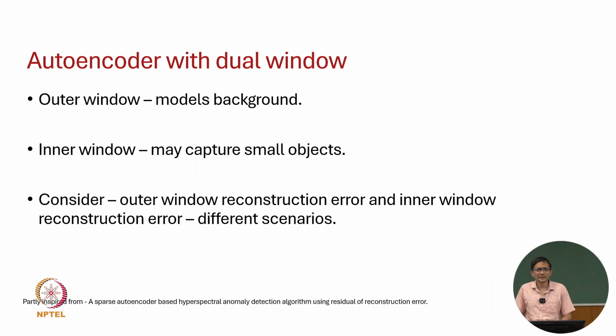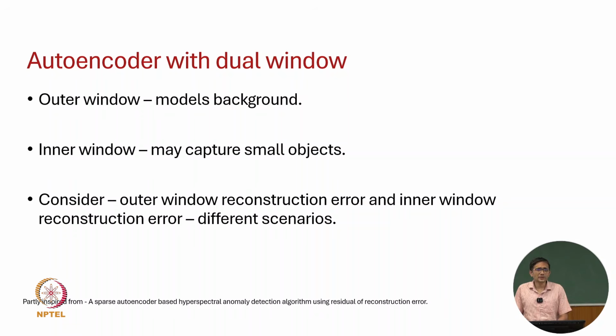Reconstruction error can be large, and we are talking about two different window sizes. So this will mean that we have 4 combinations, right? So if the reconstruction error is small in both cases, using both the outer window and the inner window, in that case, probably we do not have an anomaly, right?